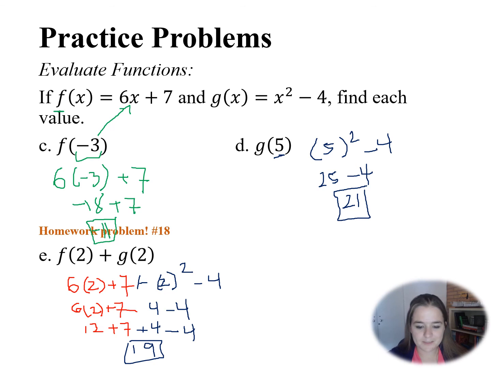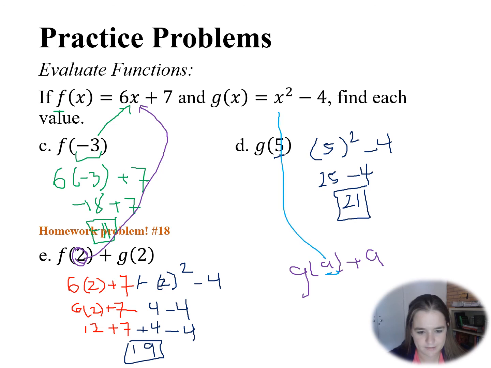Now when I'm substituting in my values, anything that's inside my function notation gets plugged in for x. You will have, on number 18, something like g of, I don't remember, a, I think, plus 9. Well, that means that when I'm plugging in, I only plug in that a for x.